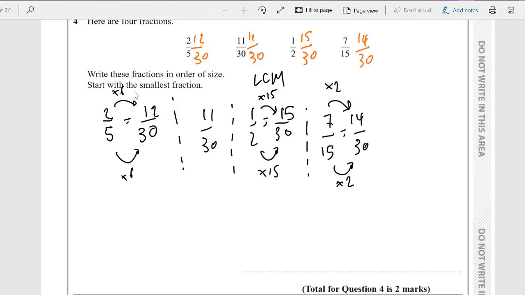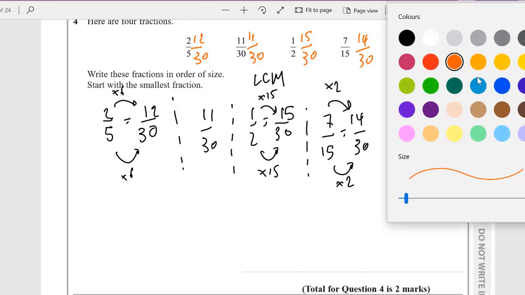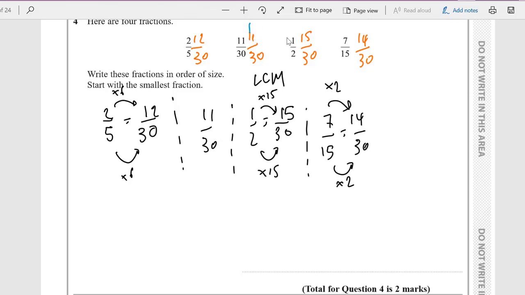So which one's working? Start from the smallest. So look at the numerators. This one is going to be the first one, and then we're going to have this as a second, and then our third, and our fourth and final.